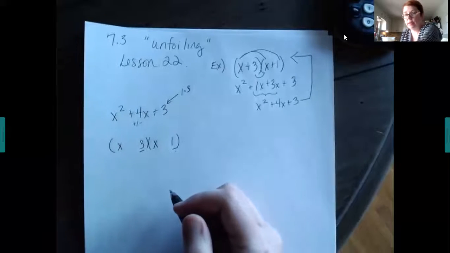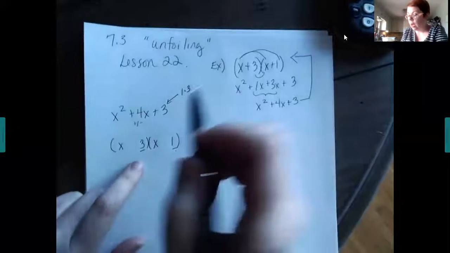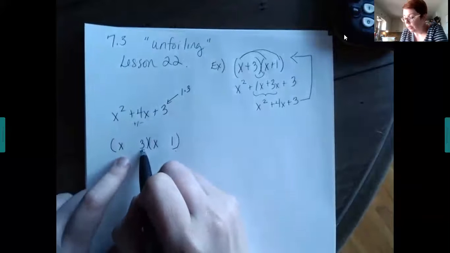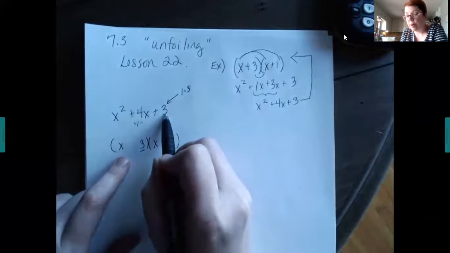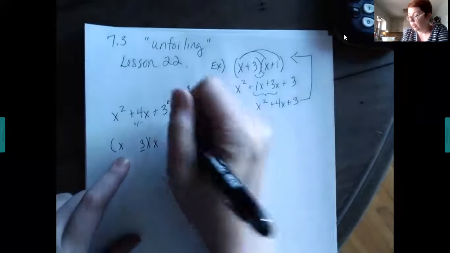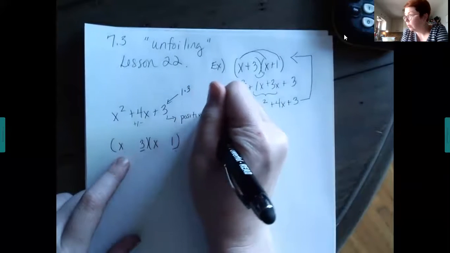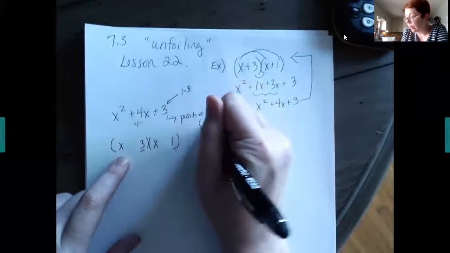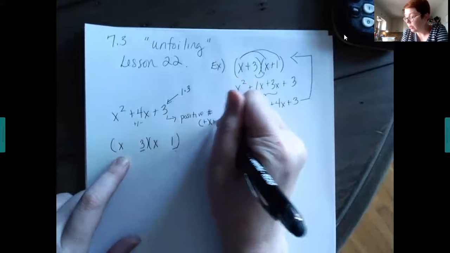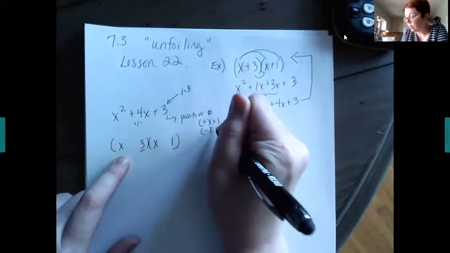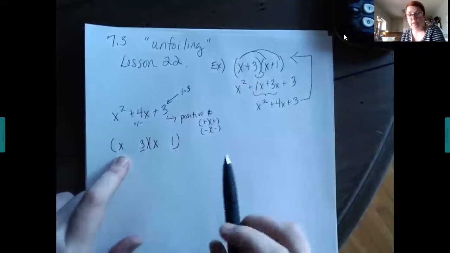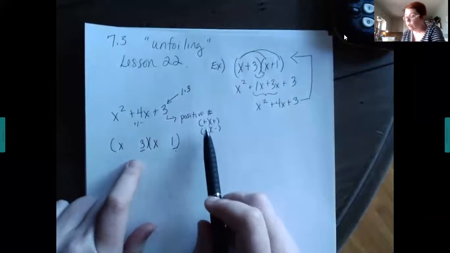Okay. Then I look at my signs. I multiplied this times this and got a positive. Okay. So this being a positive means that I either had plus, plus, or minus times minus, right? So how do I know which one?